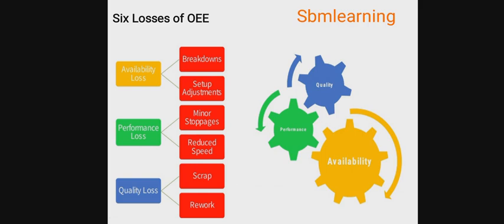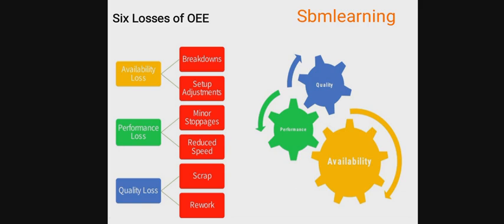Okay. So OE comprises three factors. One is availability loss, second is performance loss, and third is quality loss. Clear? So OE is a multiplication of three: availability rate, performance rate and quality rate. Clear? Now availability is also divided into two parts: breakdowns and setup adjustment.